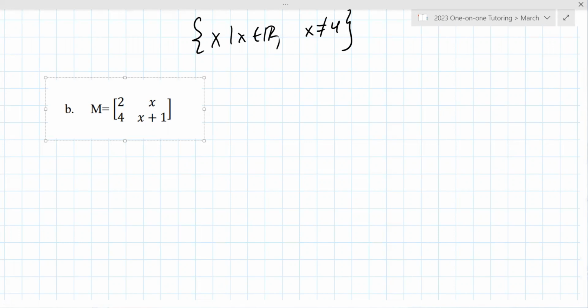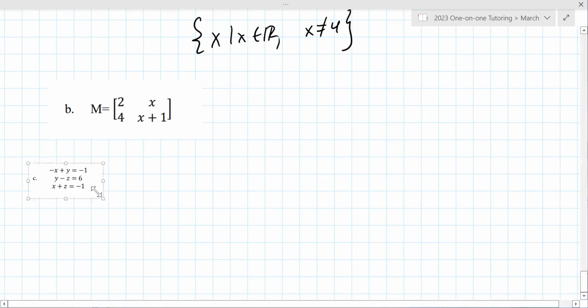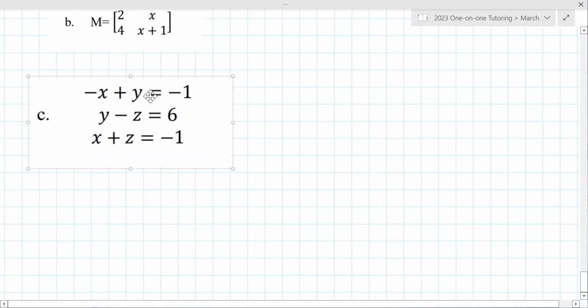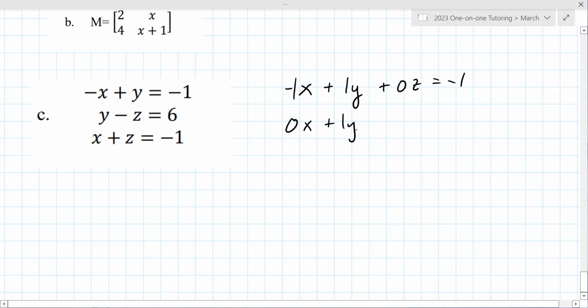Can we look at 11C? Yes. This is a classic exam question because they're missing a letter in each row. So you might even want to write it as -1x plus 1y plus 0z equals -1, 0x plus 1y minus 1z equals 6, 1x plus 0y plus 1z equals -1.